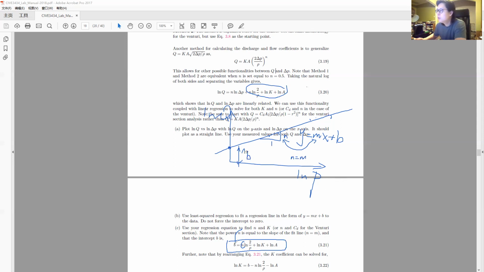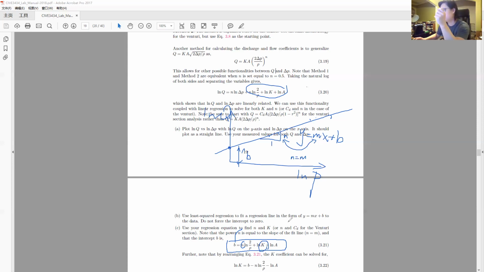So b and n are what we get from the trend line equation. Natural log 2 rho k and a. So the only unknown in here is k. That's what we want.